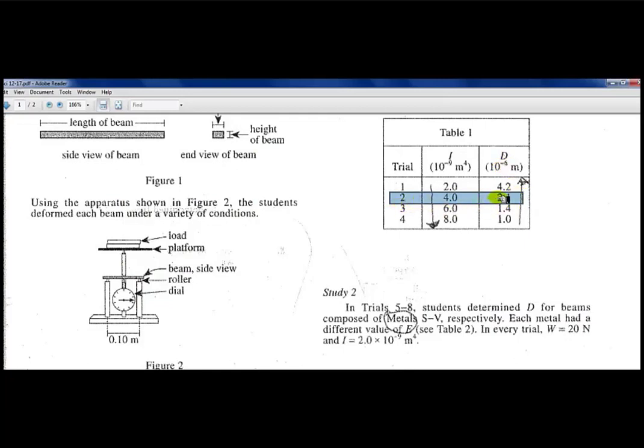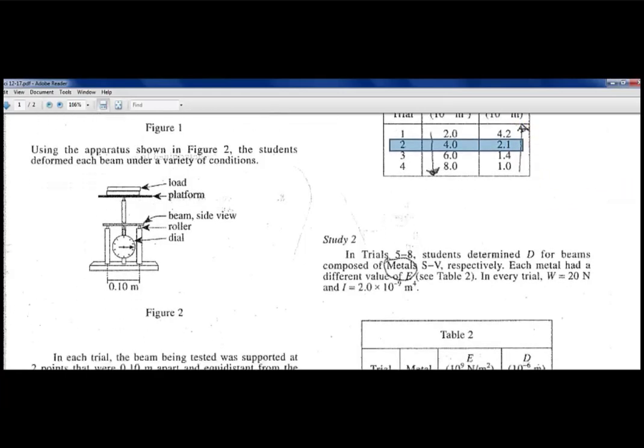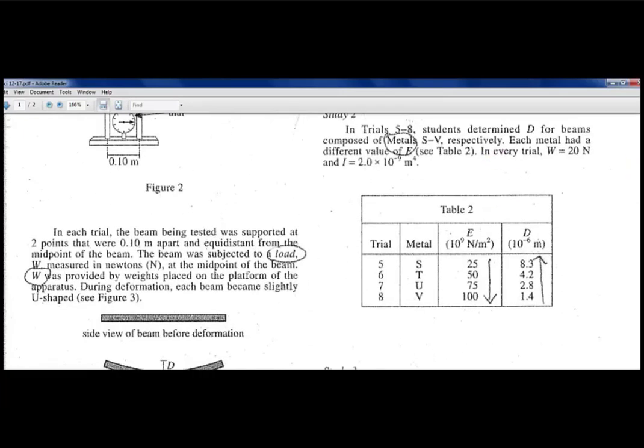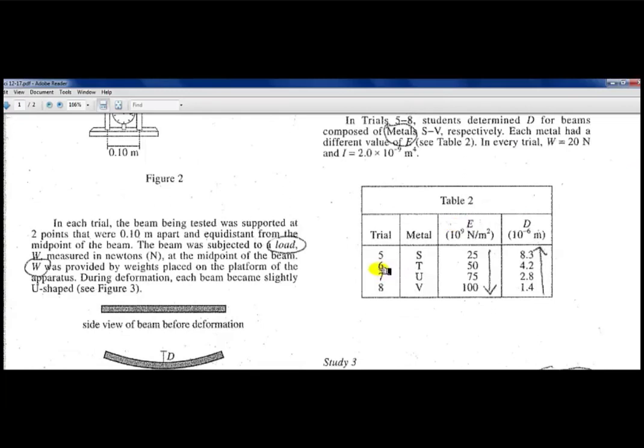Trial 2 is 2.1 times 10 to the negative 6. For study 2, trial 6, the distance it was deformed, you see, was greater, 4.2.